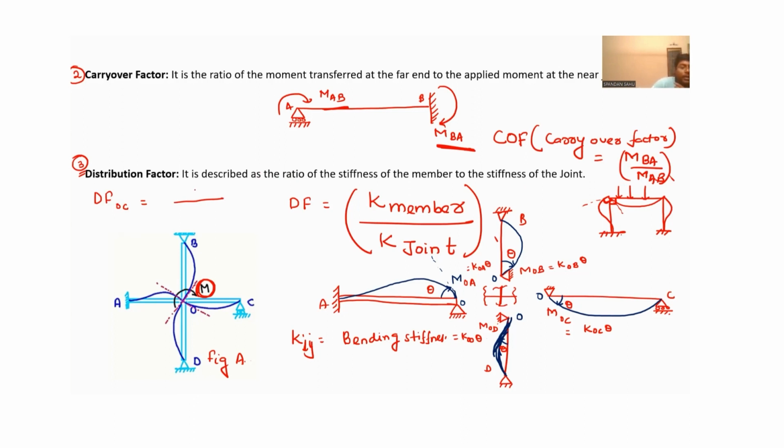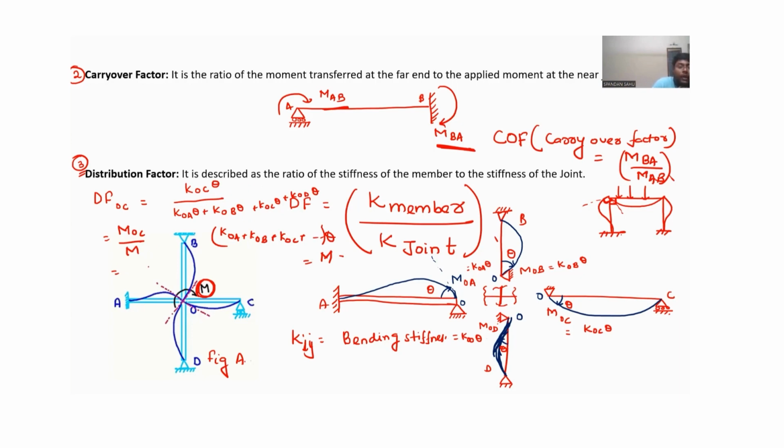It will be KOC into theta by KOA into theta plus KOB into theta plus KOC into theta plus KOD into theta. This KOA plus KOB plus KOC plus KOD into theta is nothing but your M. So you are doing MOC by capital M indirectly.